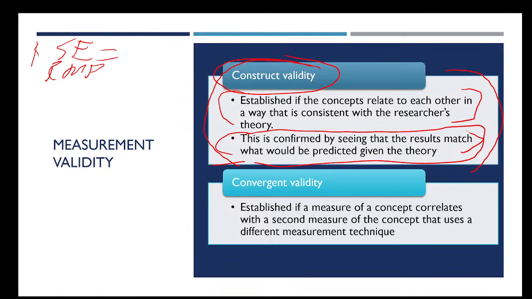And then you go and you test it. I don't know how you would test that. And if it's confirmed that there's a correlation between the two, then you can say, okay, not only did I conceive of this, but in the testing, it shows that I have construct validity.